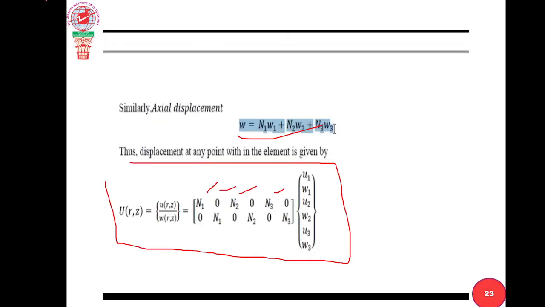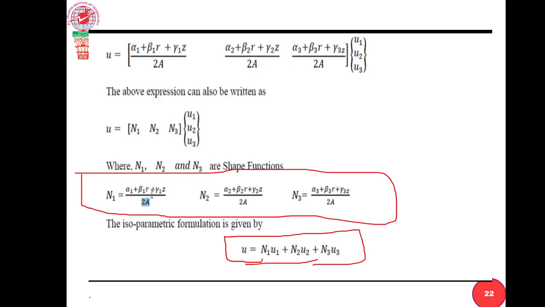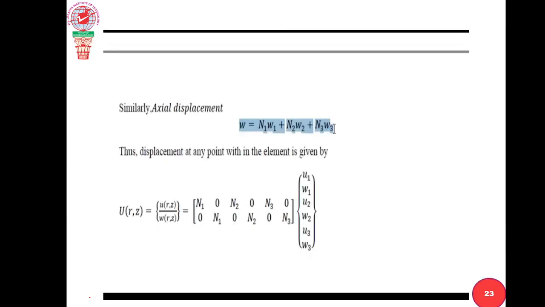Similarly, the global displacement with respect to the axial direction is w is equal to N1 w1 plus N2 w2 plus N3 w3. This is with respect to the radial direction, this is with respect to the axial.